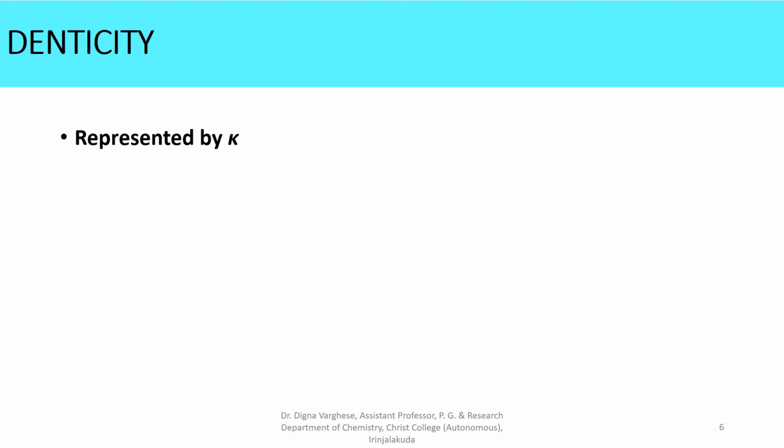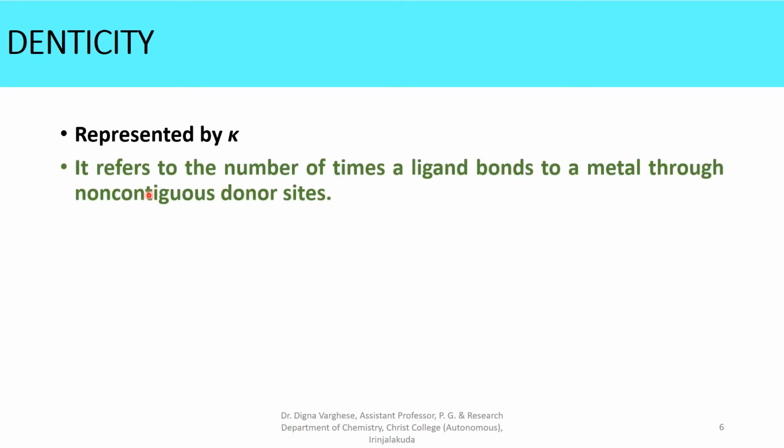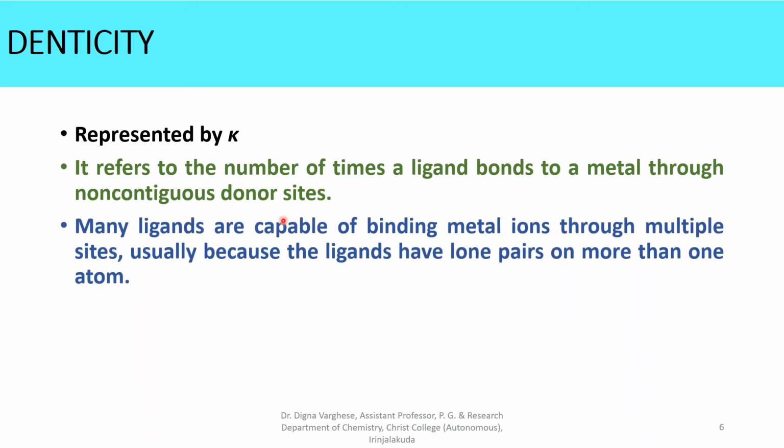Denticity. It is represented by kappa, the Greek letter κ. It refers to the number of times a ligand bonds to a metal through non-contiguous donor sites. Many ligands are capable of binding metal ions through multiple sites, usually because the ligands have lone pairs on more than one atom.